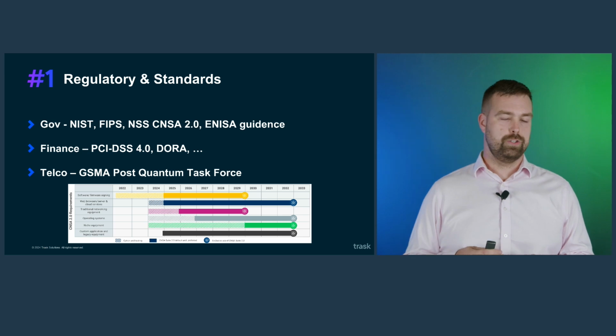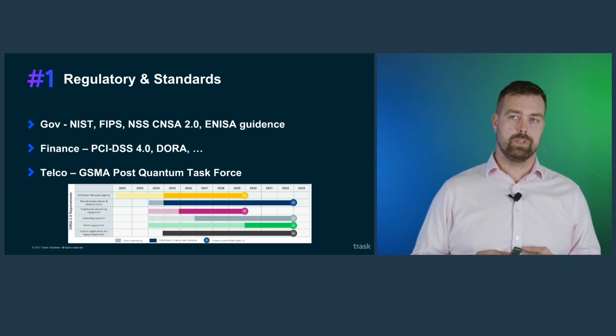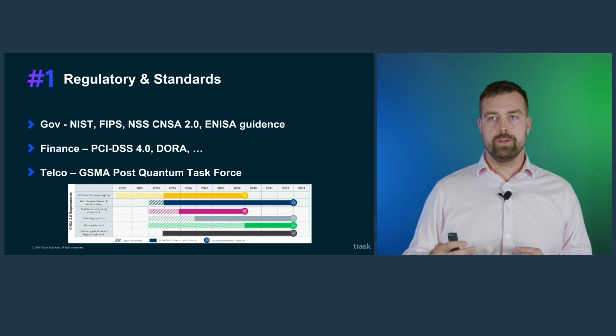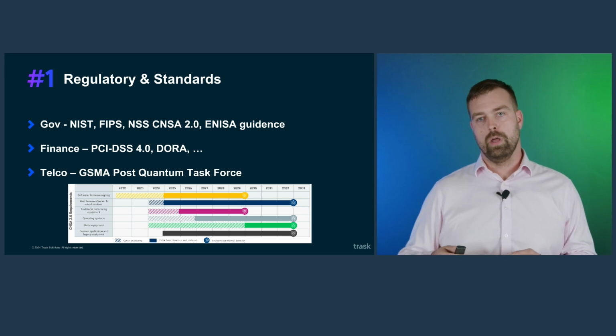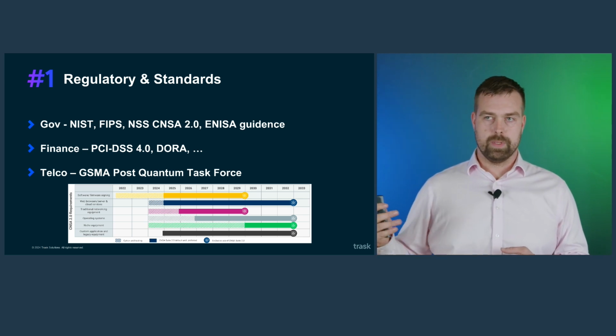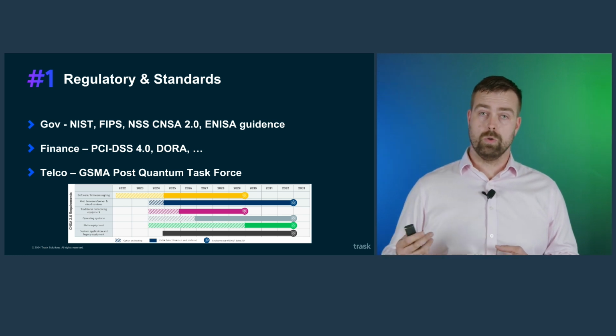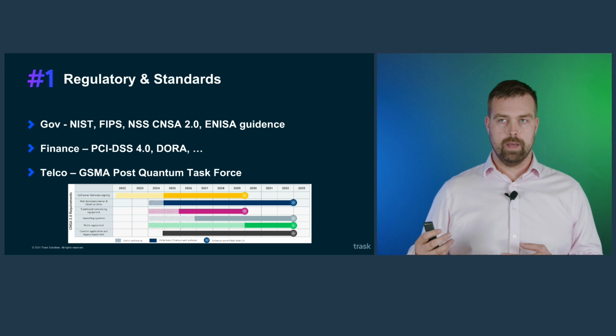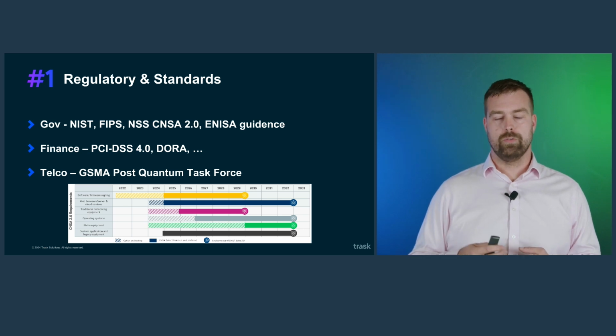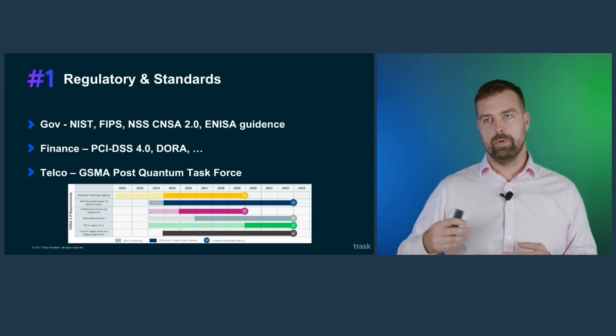Within telco, there is a GSMA quantum task force already, which should ensure that the communication after some time will still be secure and safe. But that's not a topic for today and tomorrow only, it's a topic for a very long time.